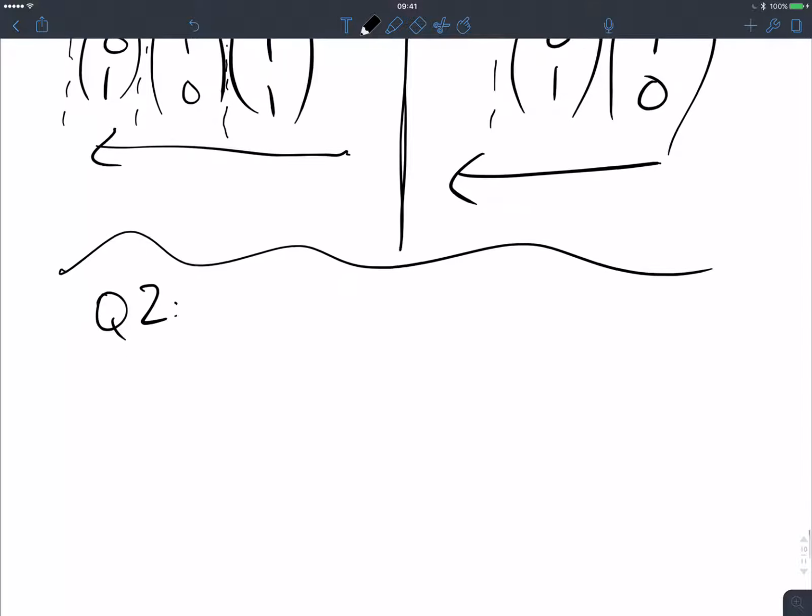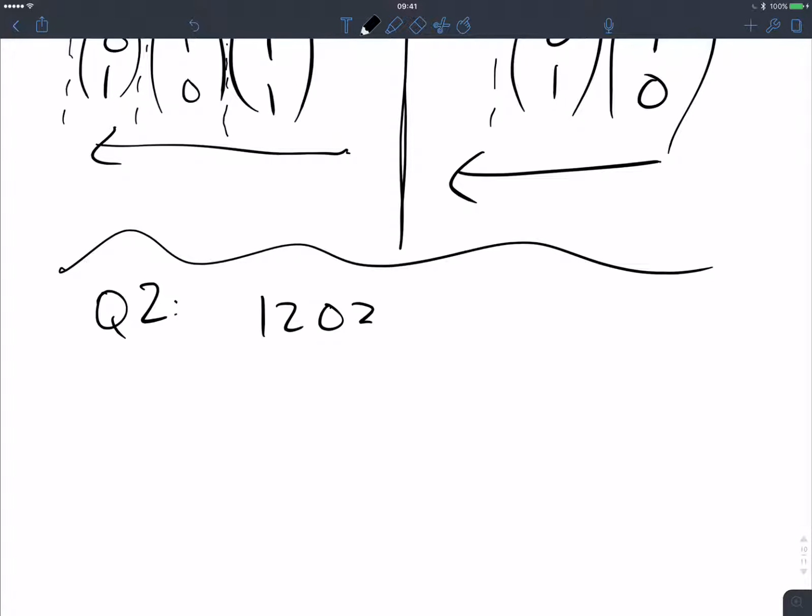I'm interpreting the input as a number in base 3, and I'm asking the question, is it a multiple of 4 or not? All right, I got it. That changes my entire thing. I was thinking just every 3 characters. No, I would have to be clear and say that every substring of length 3 is one of these. And that was actually one of the daily exercises.